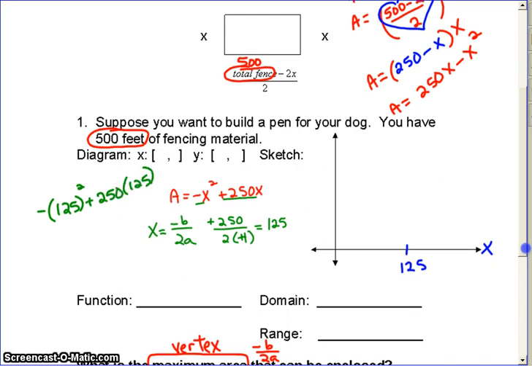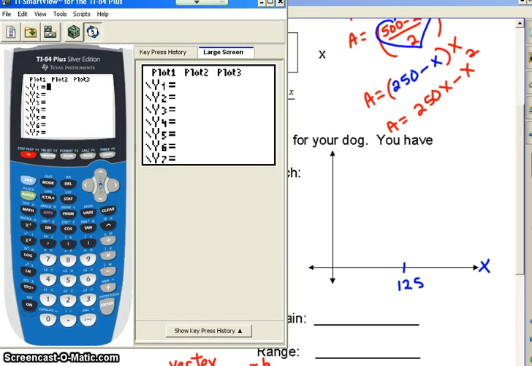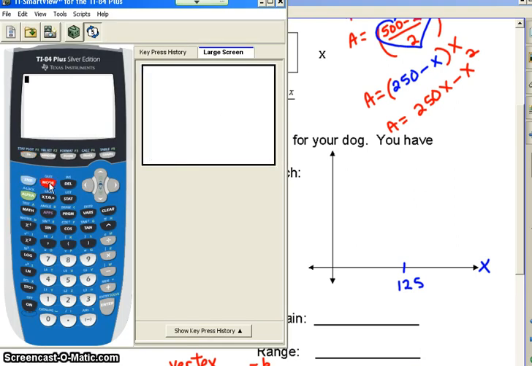That's a pretty big number to do in your head, so let's just go ahead and plug that into our calculator. Store 125 in x. And now I can just type out my equation, 250x minus x squared. That's the equation we came up with for area.